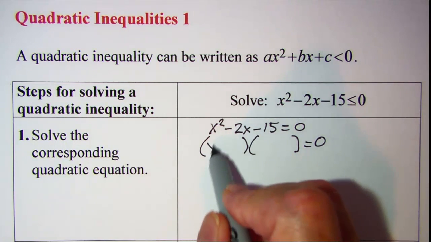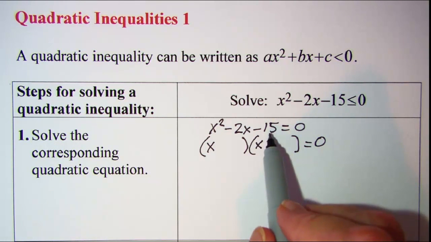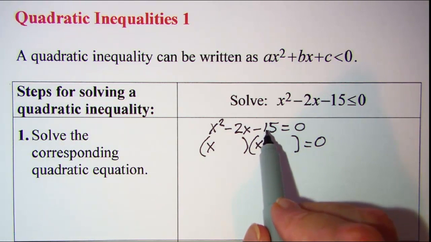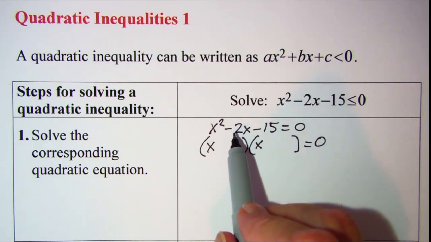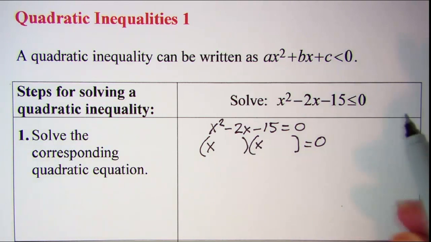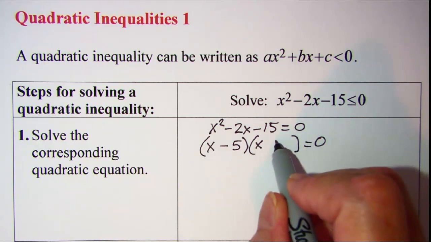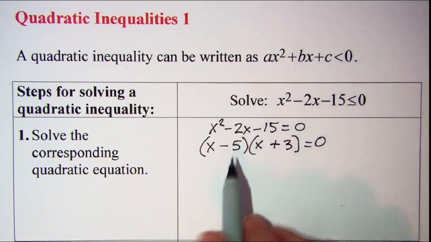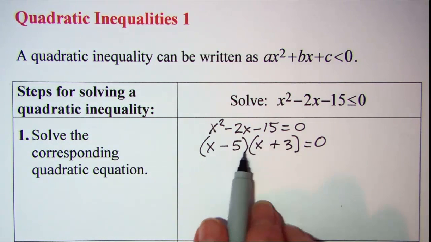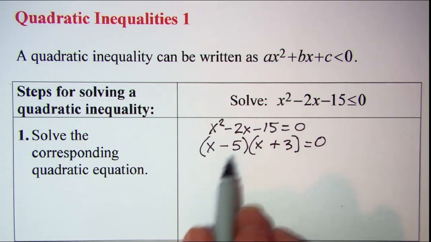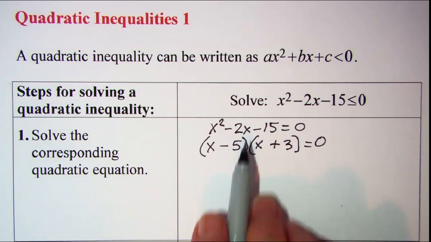I need an x in both of the first spots, and then I need two numbers that multiply to give me negative 15 and add to give me negative 2. And I think that negative 5 and positive 3 will do the trick. So let me check. Negative 5 times 3 is negative 15. And then a negative 5x and a positive 3x does add up to give me a negative 2x.